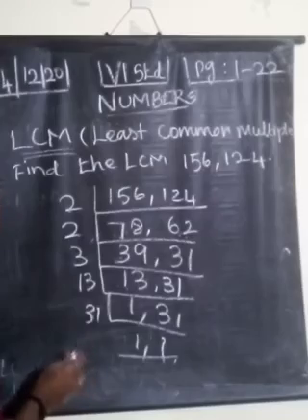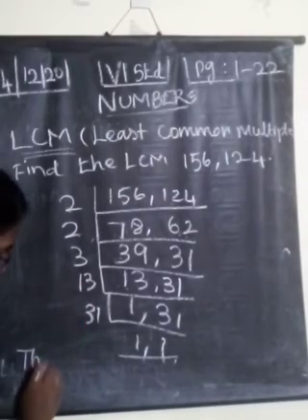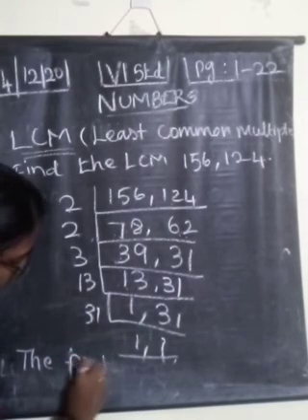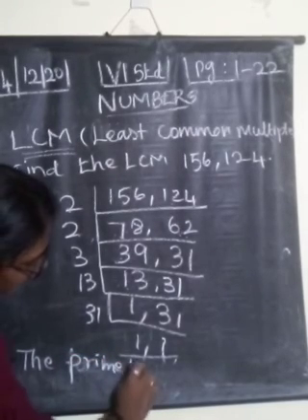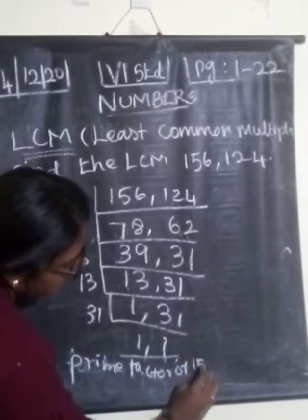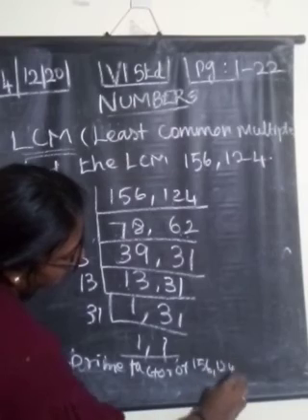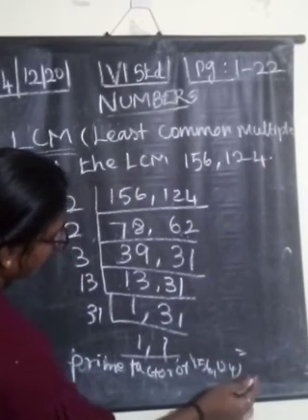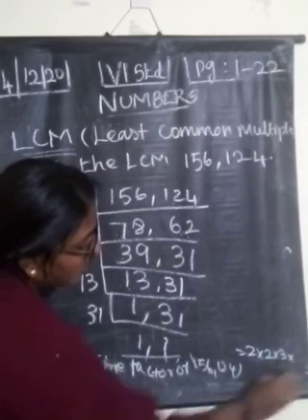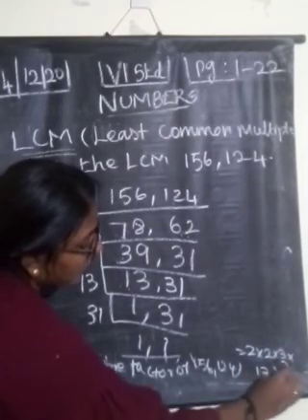So the prime factors of 156 and 124 equal to 2 into 2 into 3 into 13 into 31.